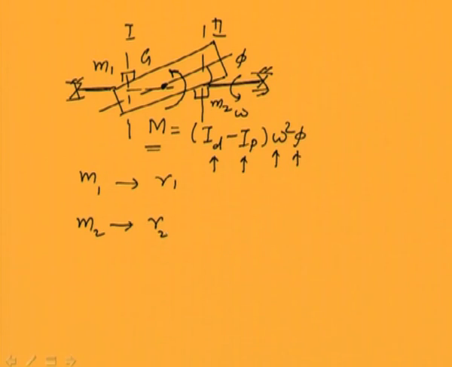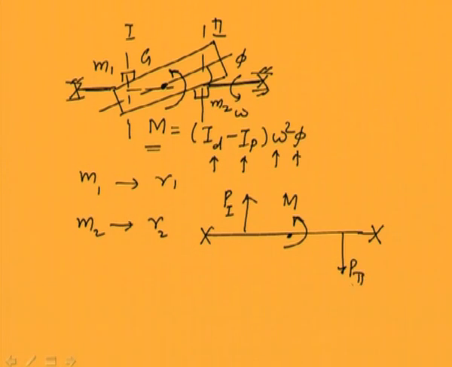Radial positions are these. So this particular system, again we can represent like this. Let us say this is P1, this is P2, their distances are L1 and L2.